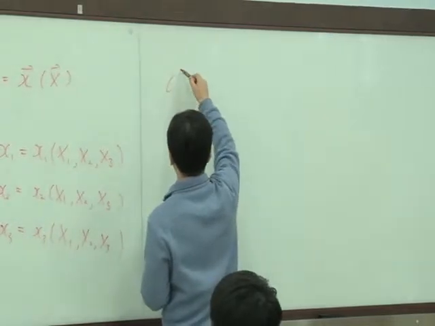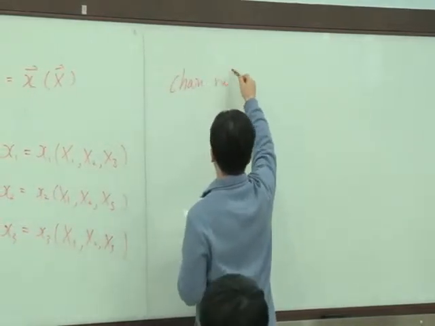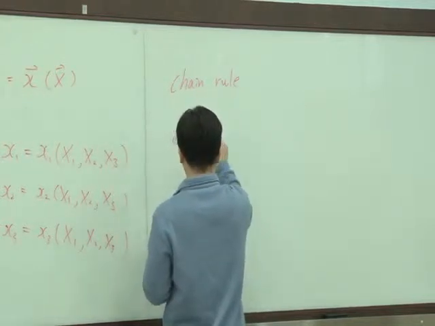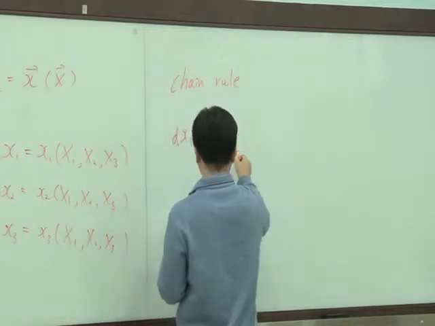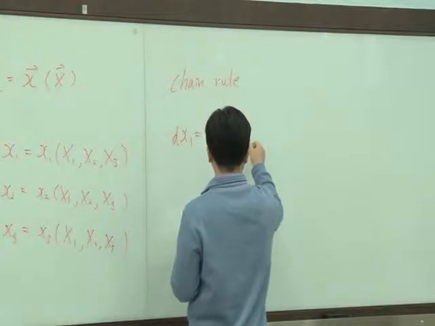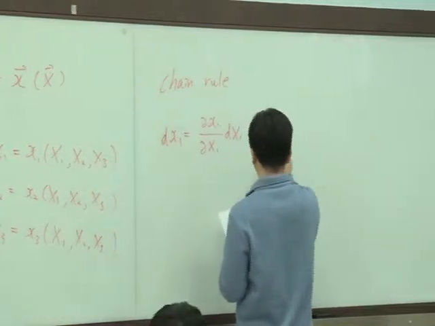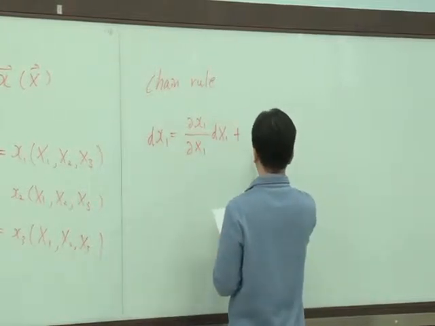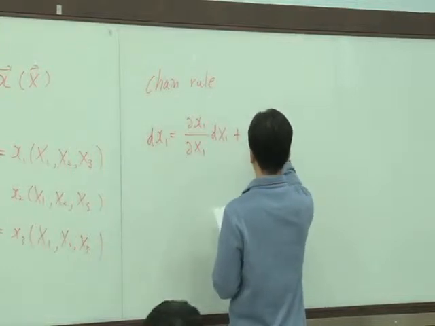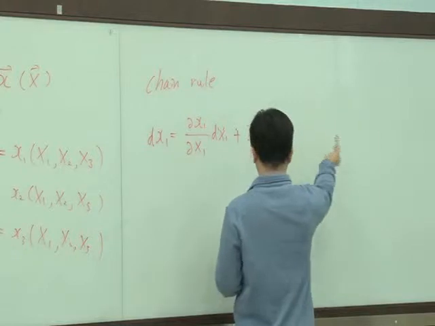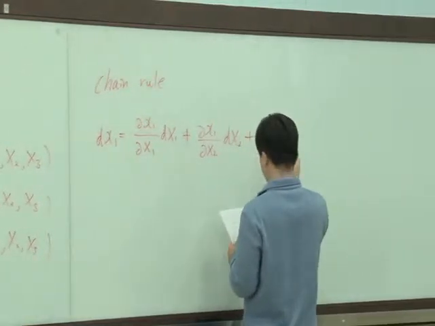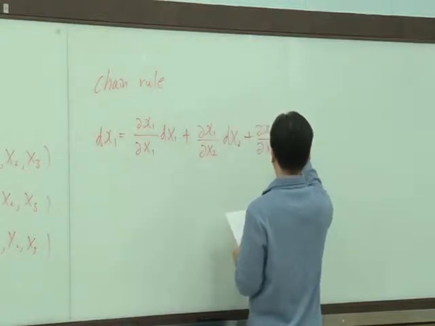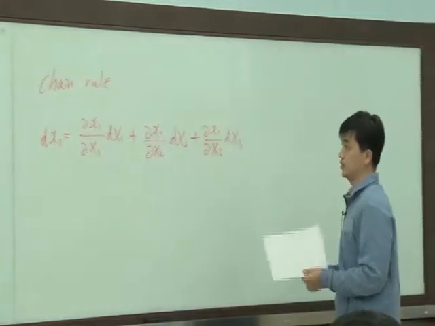Let's use the chain rule. dx1 equals, plus... this is a well-known chain rule.